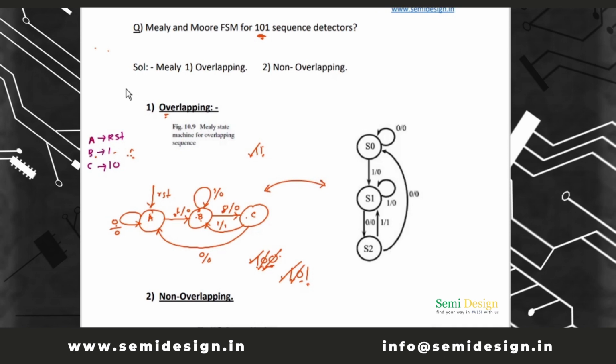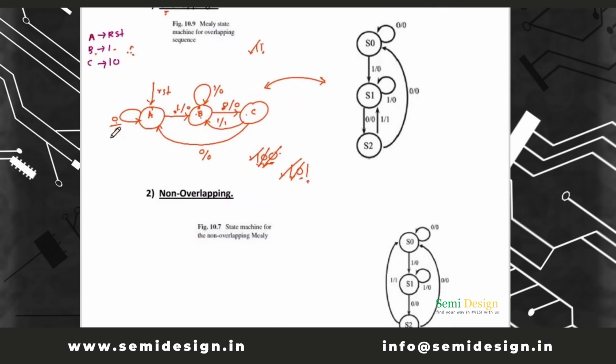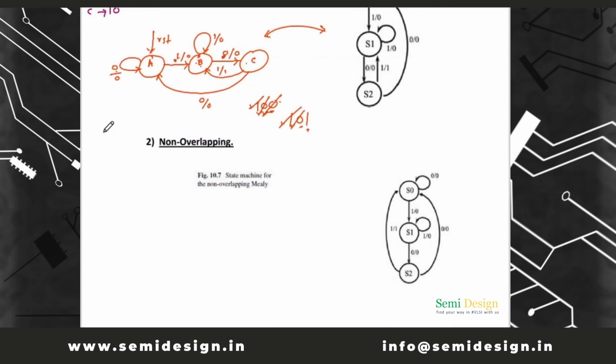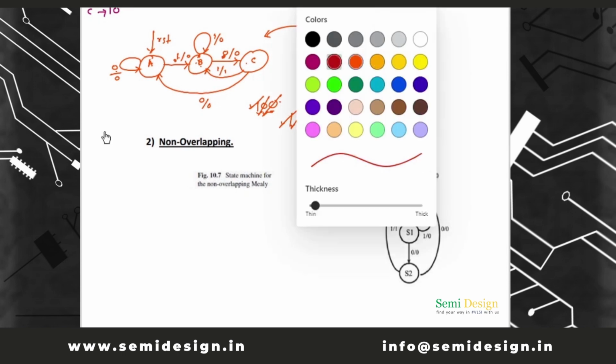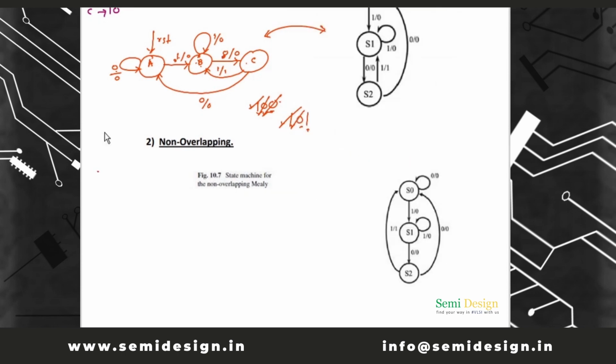Now if we see Mealy non-overlapping, it is also very simple. Here in non-overlapping case, same procedure, make a table. First make the states A, B, C, because 1 0 1, right? 3 bits only, so make A, B, C. Okay, this is reset.